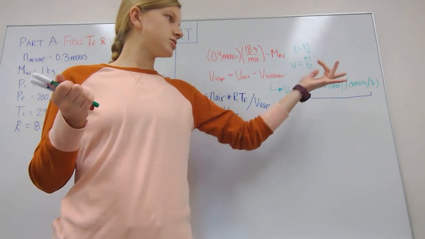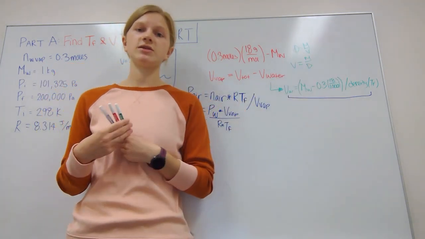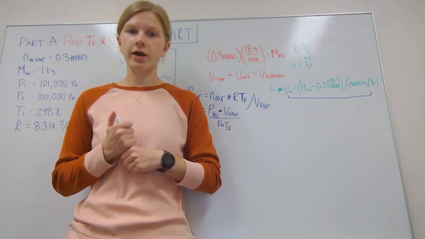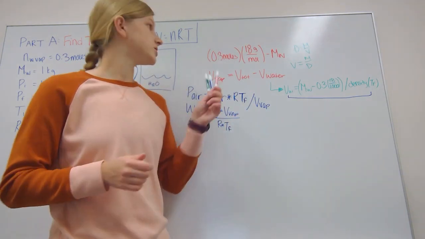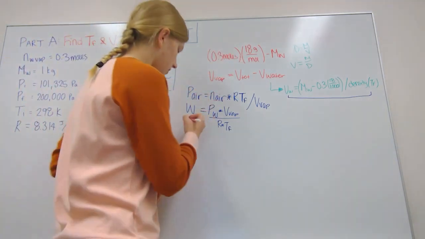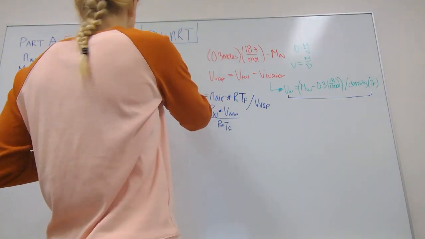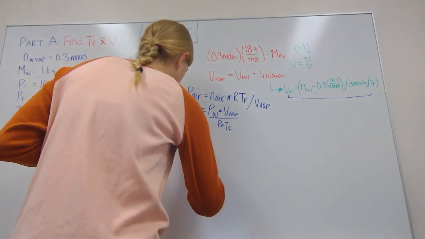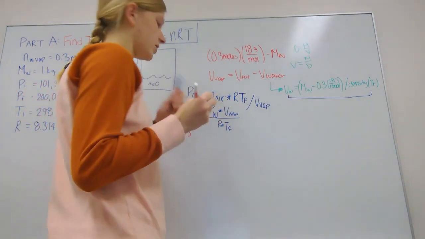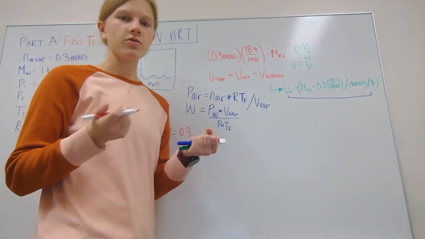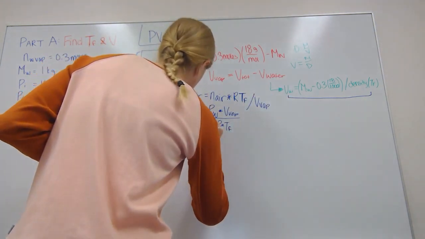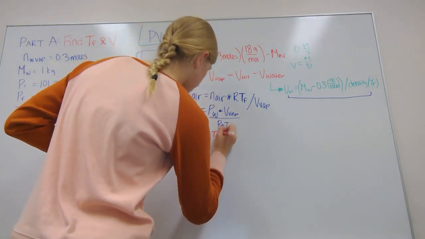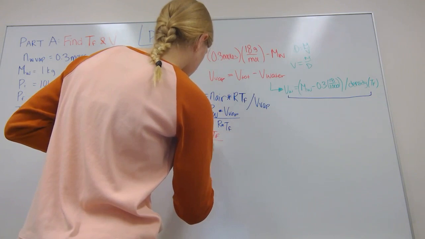So for the temperature, we can use the final temperature that we got from the last problem because that should be a pretty good initial guess. But to guess for the volume, we can just use our equation over here, which is PV equals nRT using our 0.3. So the volume is going to equal 0.3 times R times TF, the final temperature from the last problem, divided by the pressure.